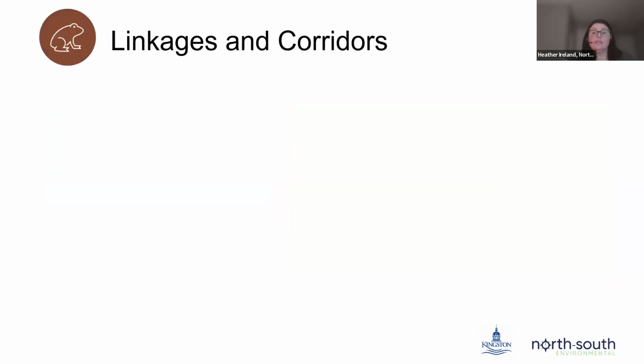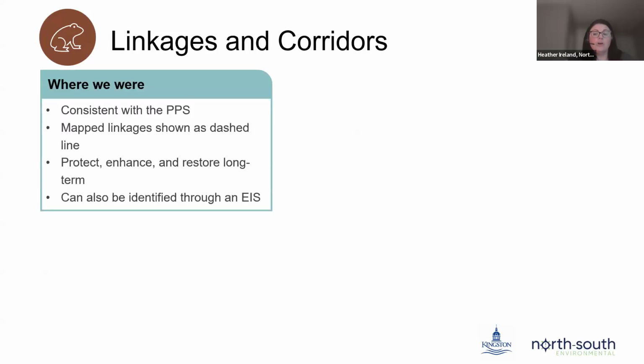So another area of importance that was highlighted through the many comments that we received was around linkages and corridors. So the city's current official plan recognizes and protects linkages and corridors in line with the provincial planning statement. But mapping has been very limited, and policies really only provided basic guidance for site-specific planning.